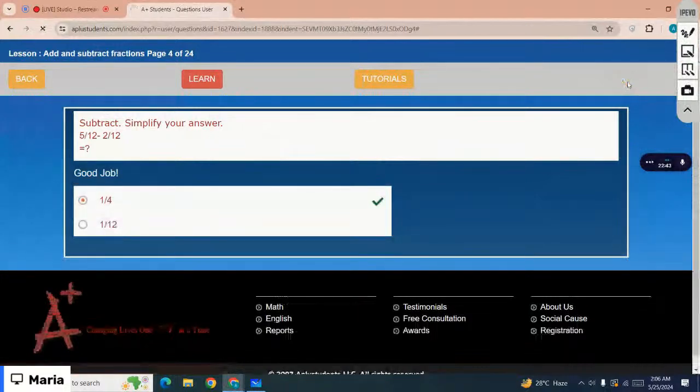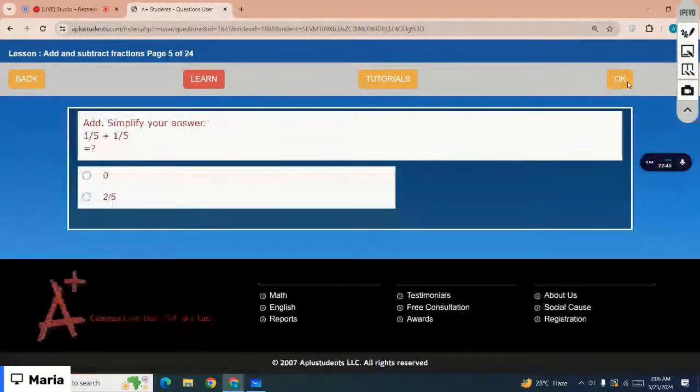Okay, the next one is add 1 by 5 plus 1 by 5. So which is the correct option? Yes, the correct option is 2 by 5.